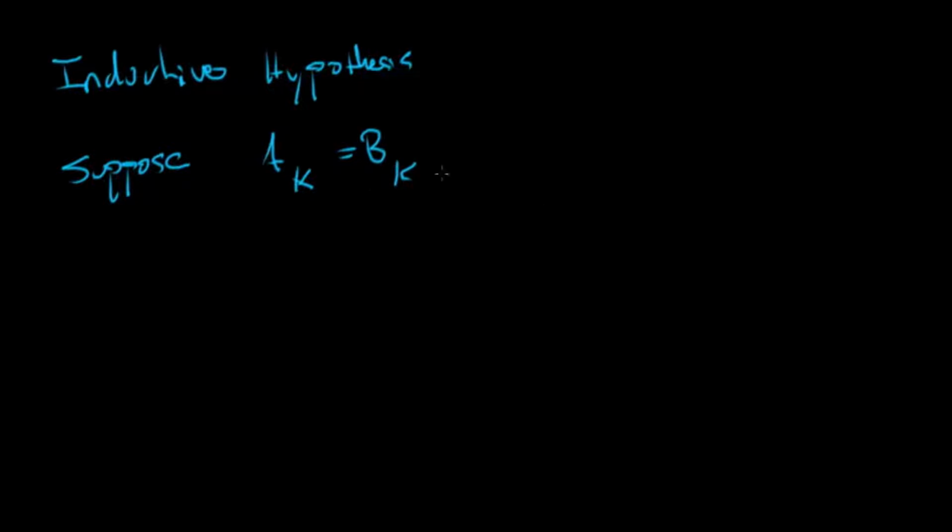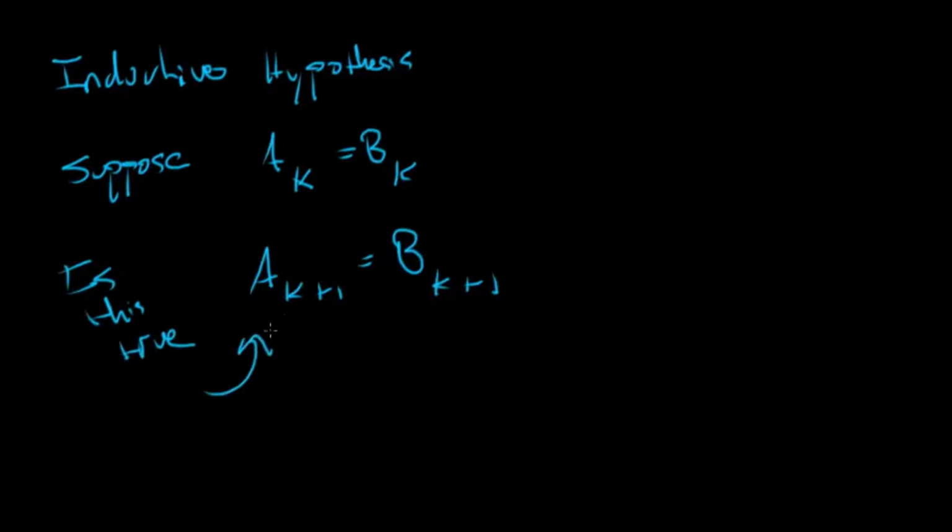We want to show that if this is true, suppose this thing is true, is it true that A sub k plus 1 is equal to B sub k plus 1? That's the goal here.